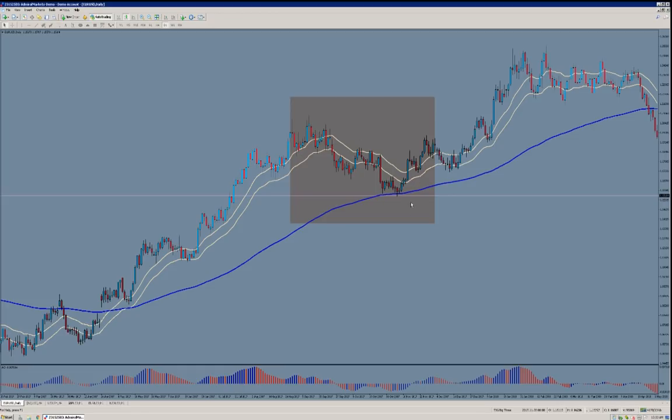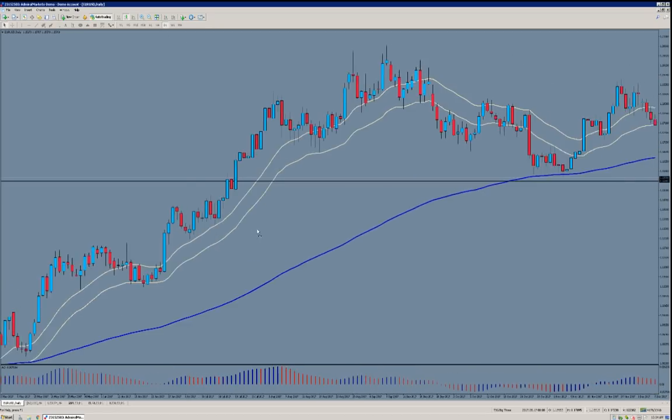So in terms of stops and entries, as long as price is trending, you can use the moving averages as your stop losses. If you get a bounce here, there's no need to put your stop loss any further back than below the bouncing spot and below the moving averages itself.